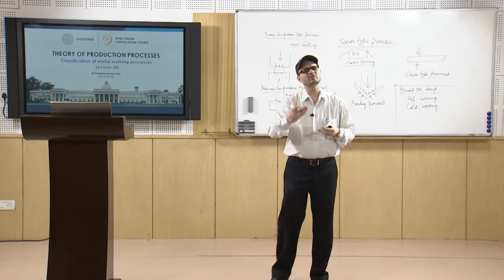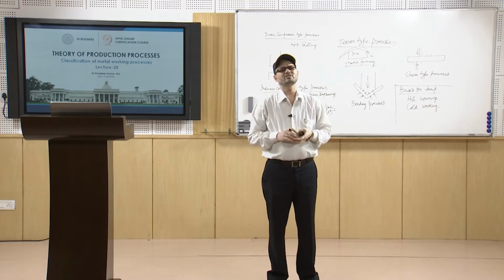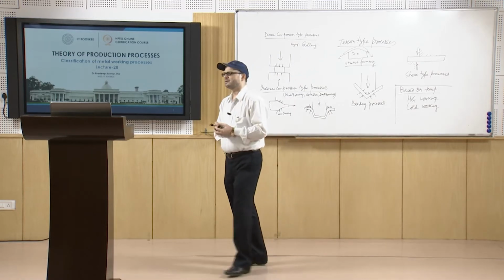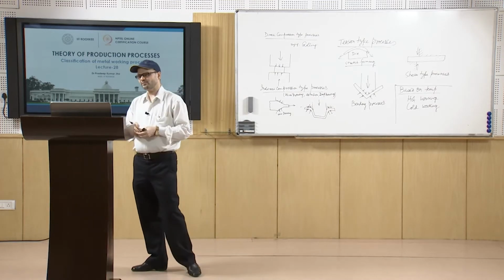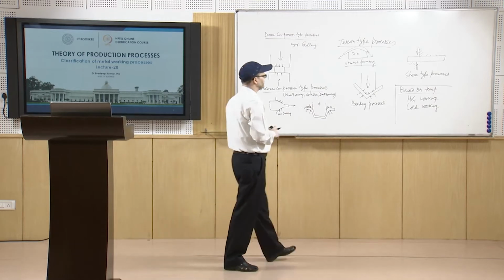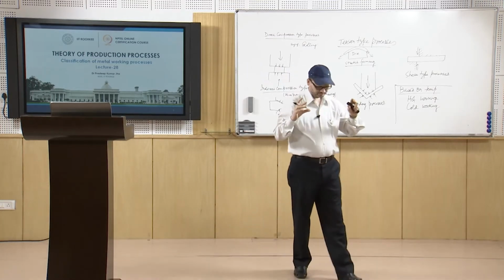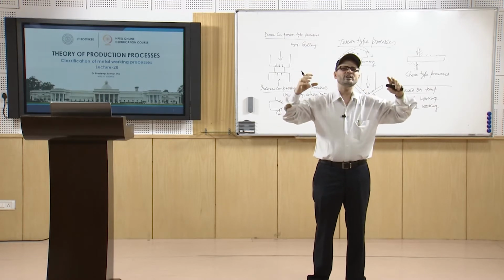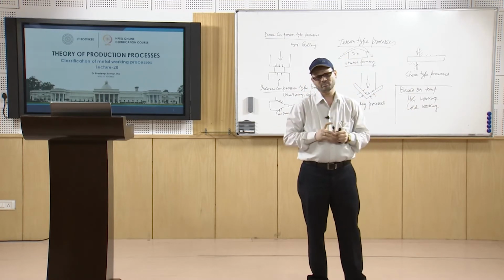So that also is one of the parameters that classifies the different types of metalworking processes. Now when we talk about these processes, we are thinking of a zone in which this deformation takes place.